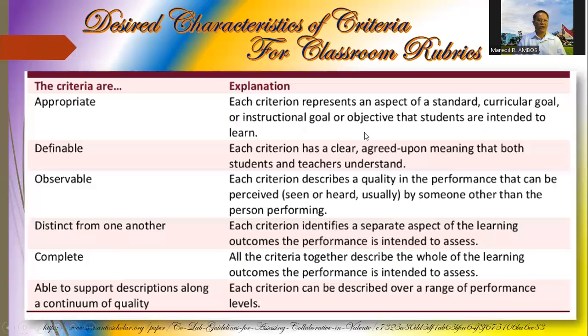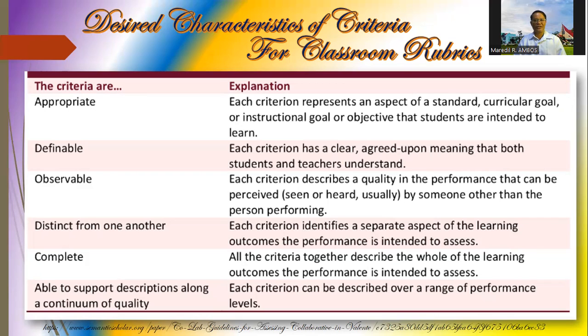So here are the characteristics that we can have. Number one, it should be appropriate. Each criterion represents an aspect of a standard, curricular goal, or instructional goal or objective that students are intended to learn. The second is it should be definable.